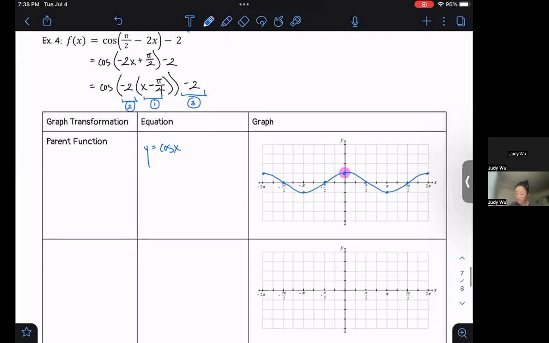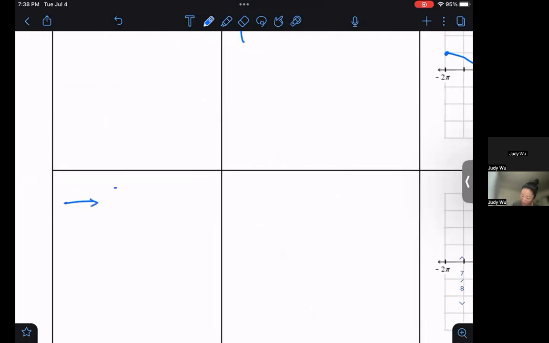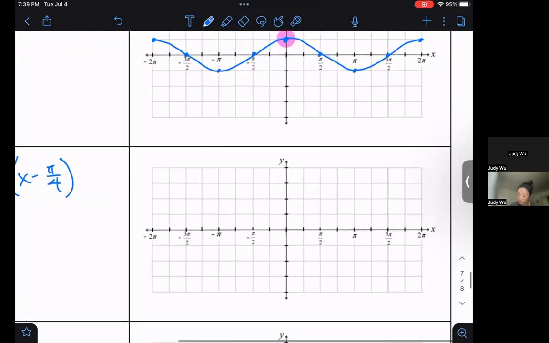All right, let's do our shift to the right. We're going to the right pi over 4. That's y equals cosine of x minus pi over 4. If I think about this graph, every box, like the big ones, is pi over 2, or half pi. So if I want a quarter pi, it's exactly 1 box.